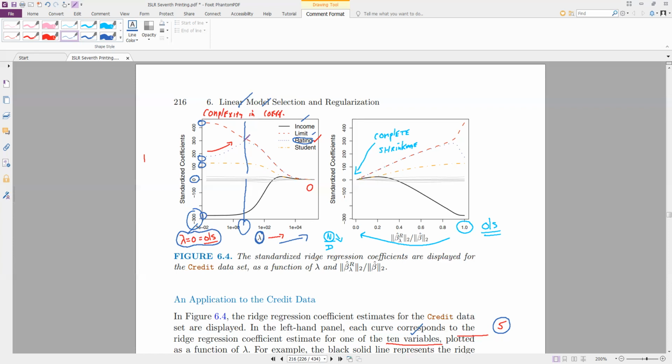It's not going towards 0. It's almost like the shrinkage is failing. Why is it going up? It's going up because of the complexity of the model, because of these candidate predictors.